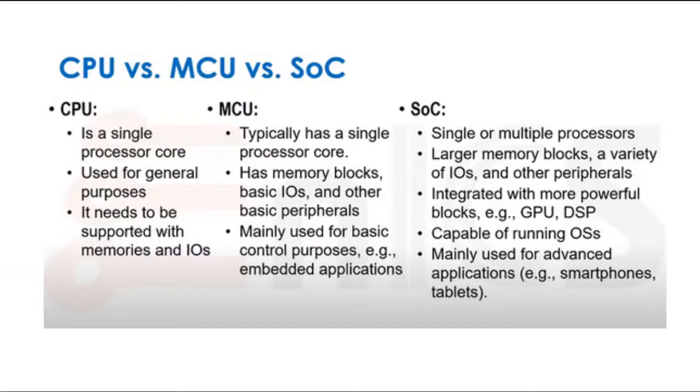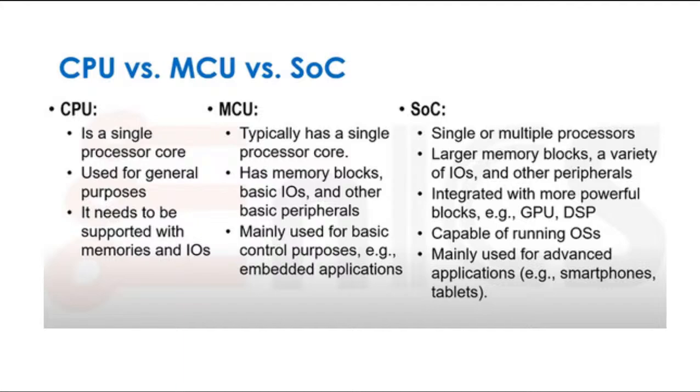For example, in a normal PC, the CPU is separate and the GPU is separate. We make communication between the GPU and the CPU using the PCI protocol. The GPU is outside of the chip, meaning outside of the CPU core.